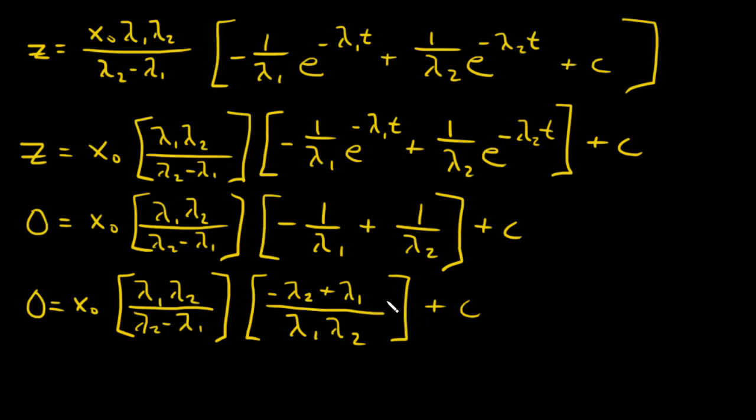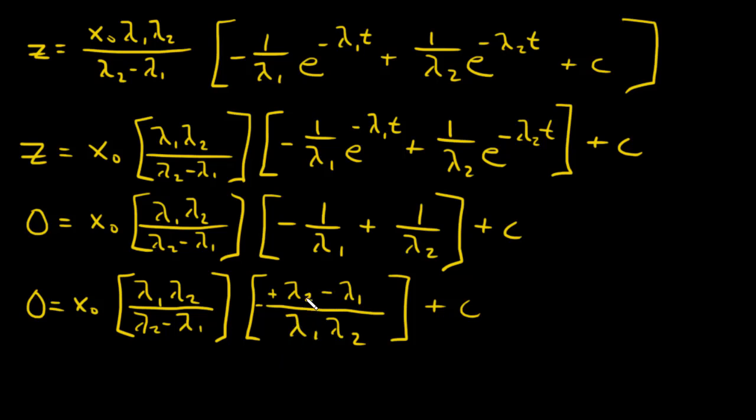And so you can already see what's going on. If I take a negative out of this, now I can change the signs. This will become positive, this will become negative. And now what do I have?